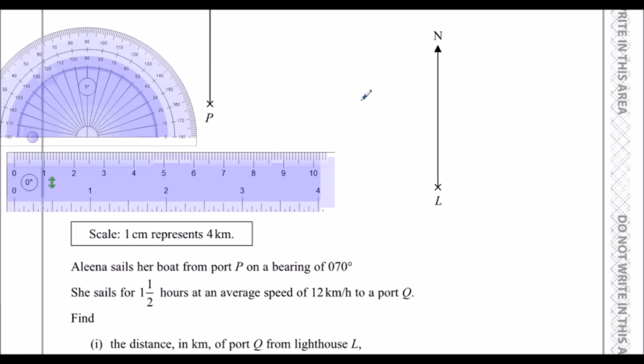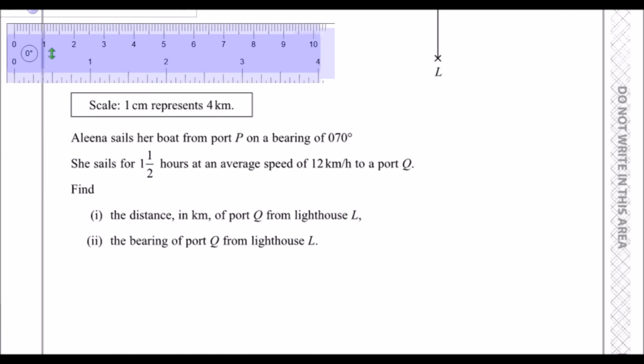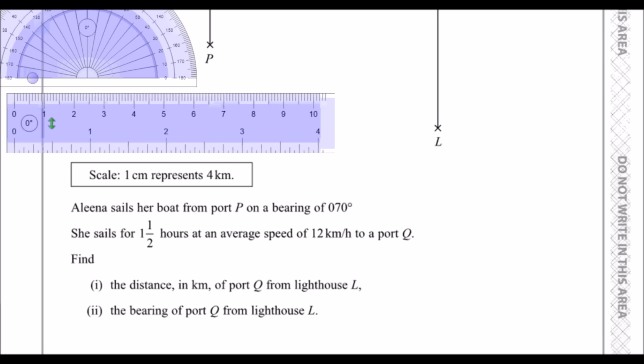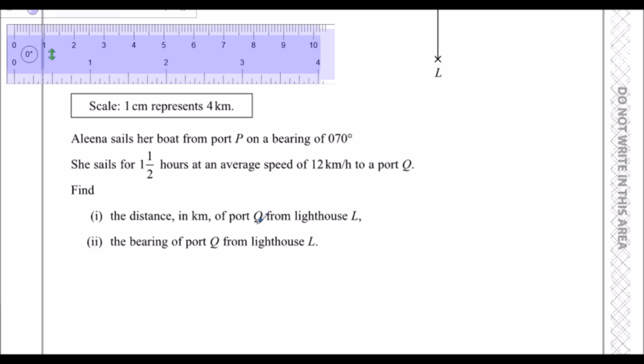We have to measure the distance Q to L and the bearing of Q from L. So the angle from L to Q. So we know we're going 70 degrees. We don't know how far. So speed is equal to distance over time. Distance, if we multiply both sides by time, is speed times time.